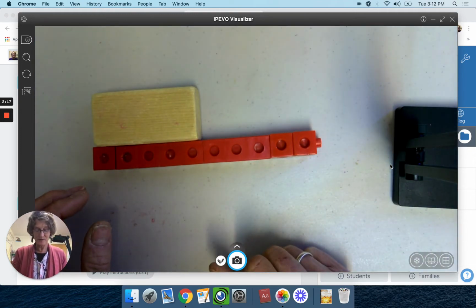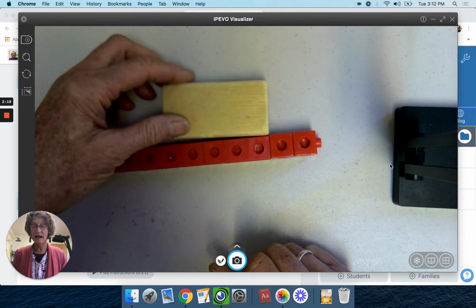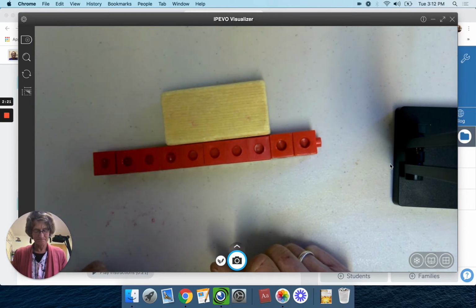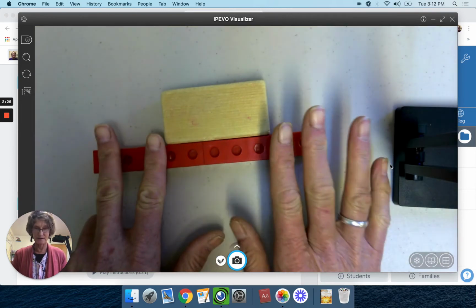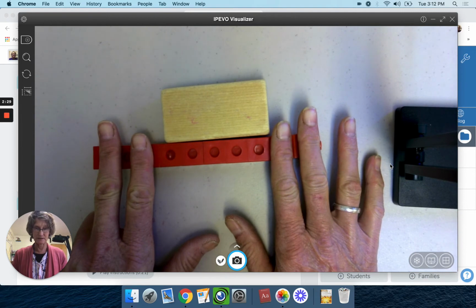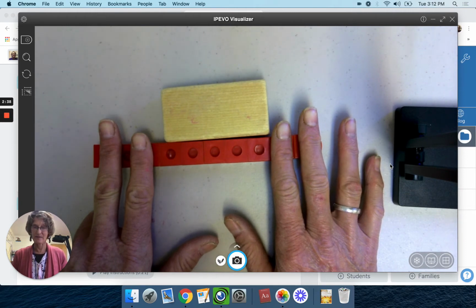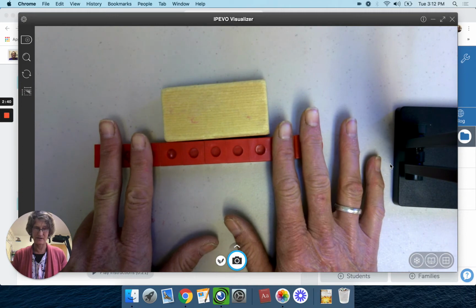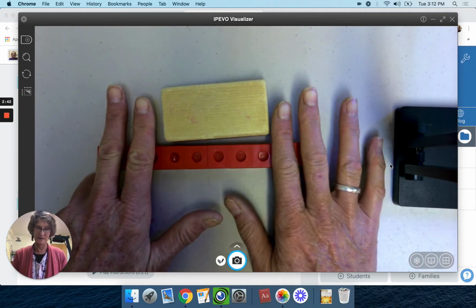If I put the block here and I don't line it up on the end, it's a little harder to tell because I can see there's extra tower of 10 here and here, but I'm still not sure how much longer it is. And that's probably the main thing, because there's some here and there's some here of the tower of 10.